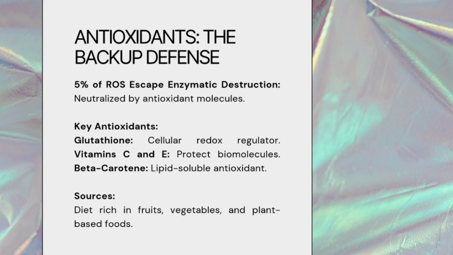And lastly, beta-carotene, which is a lipid-soluble antioxidant, as well as other compounds obtained from plants through dietary intake. The vitamin antioxidants as well as the other antioxidants prevent oxidative damage by reacting with the harmful ROS oxidizing agents before they can react with other biologically important substances. Sources are diets rich in fruits, vegetables, and plant-based foods.